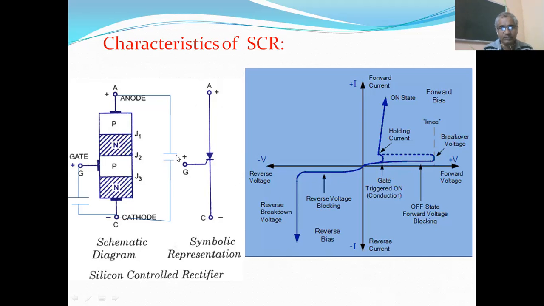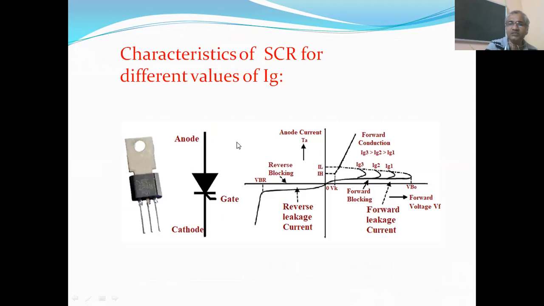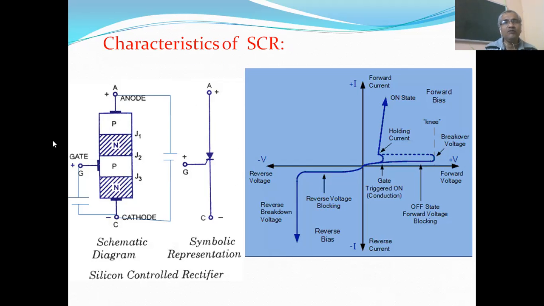Now, suppose the anode to cathode voltage is increased further. What will happen? The forward biasing on J1 and J3 will go on increasing, and at the same time the reverse biasing on J2 will also increase. At a particular voltage, called the breakover voltage, the junction J2 will start breaking down.